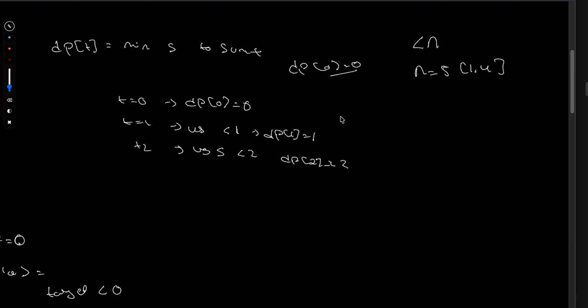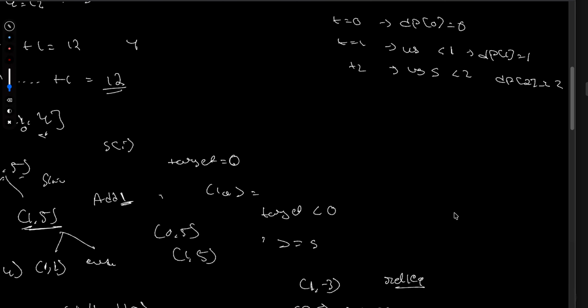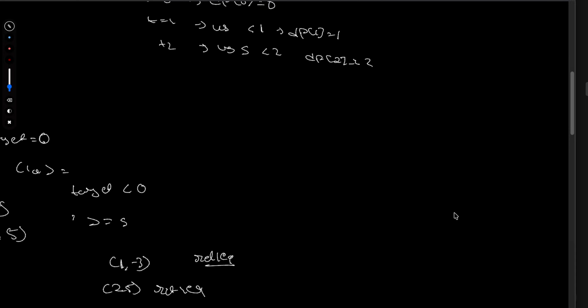Next, we fill the DP array bottom up, for sums from 1 to n.